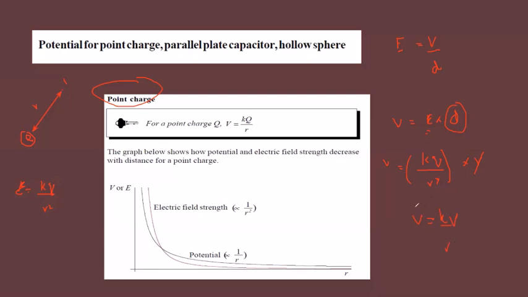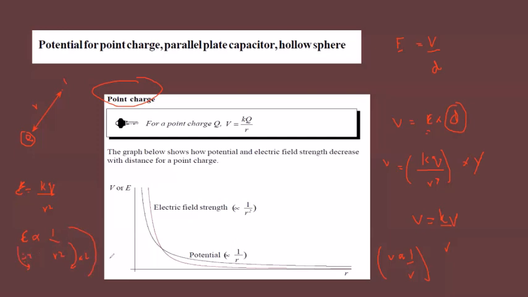What it shows is that the relation between voltage, the electric potential, and the distance is inversely proportional. But the relation between electric field strength and distance follows inverse square. Inverse square means if I double the distance, the electric field intensity will decrease by 4.